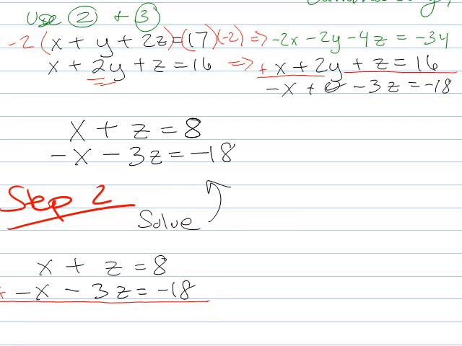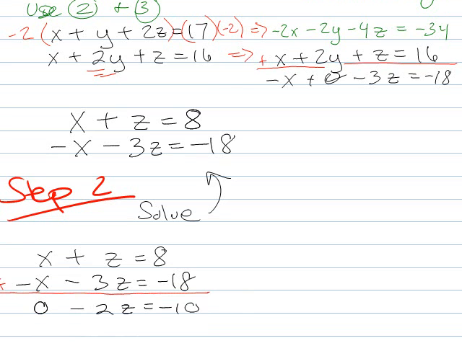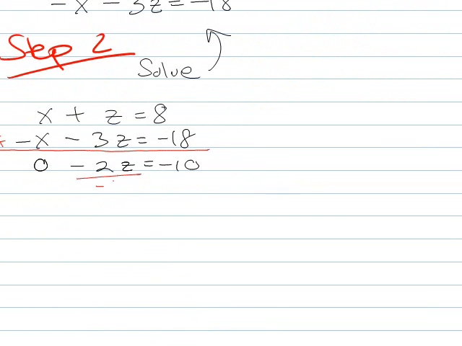Because that'll make the x's go away. 0 minus 2z equals negative 10. Divide both sides by negative 2 and get z equals 5. Right. X plus z is 8. X plus 5 is 8.